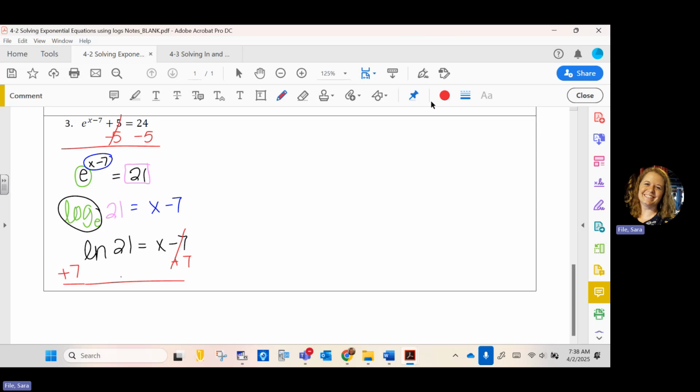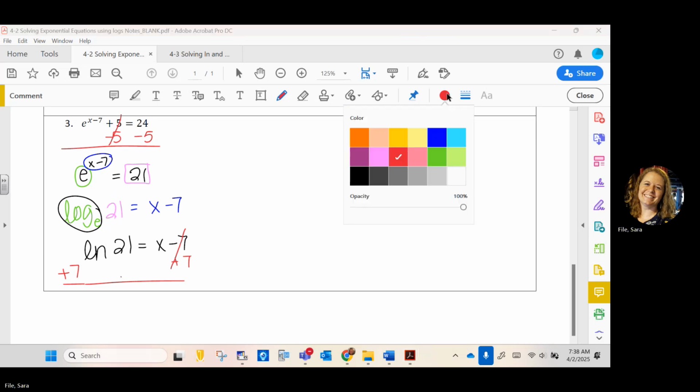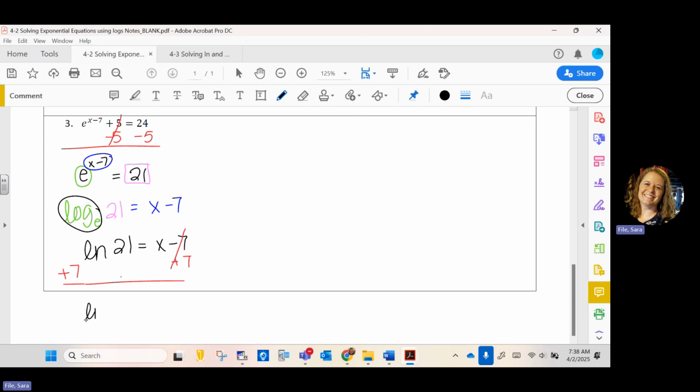So this can be written 2 ways. You can write it as the natural log of 21 and then plus 7. In this case, if you're going to put the plus 7 at the end, I highly recommend you put parentheses around the argument so you can see clearly that plus 7 is outside of the log.